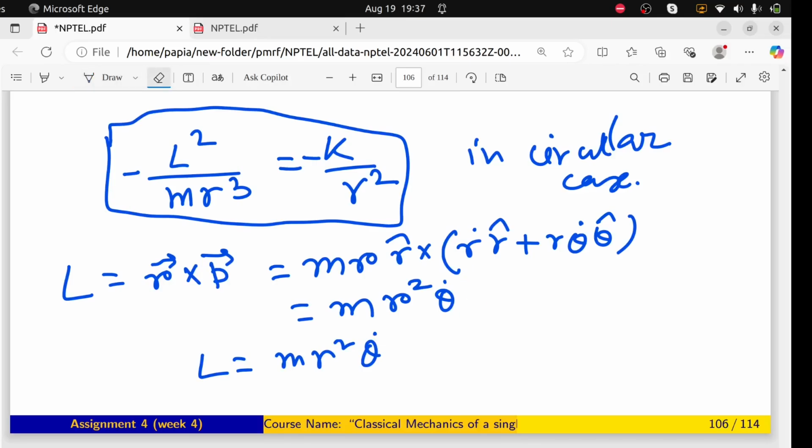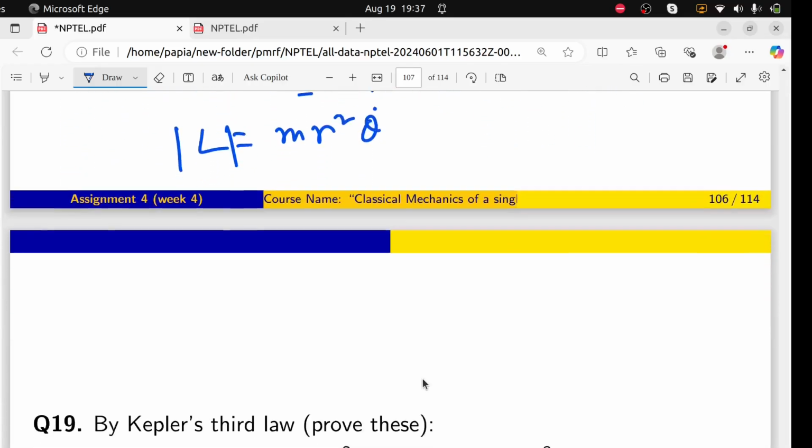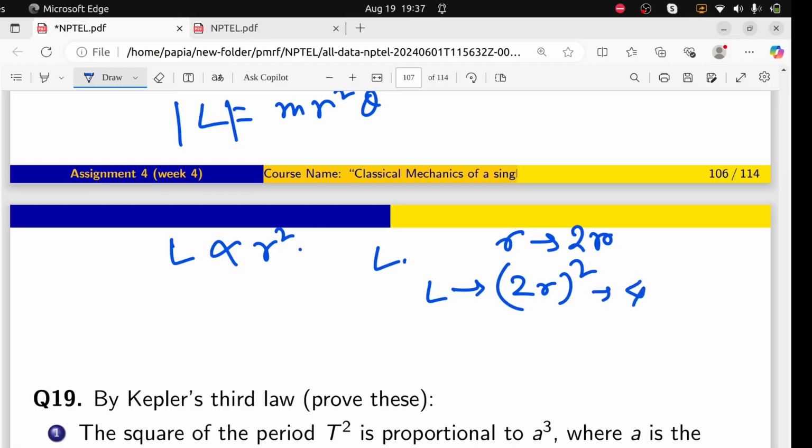Actually this will be r cap cross theta cap. So if I take the modulus, this should be m r square theta dot. So now I can say that L is proportional to r square. If our r is going to 2r, then our L is going to (2r) whole square, which is 4r square.